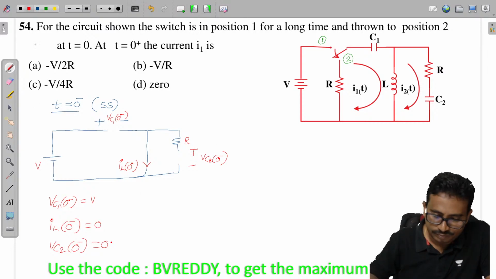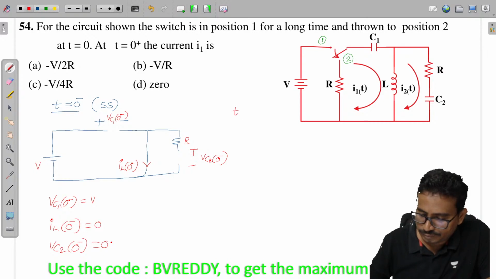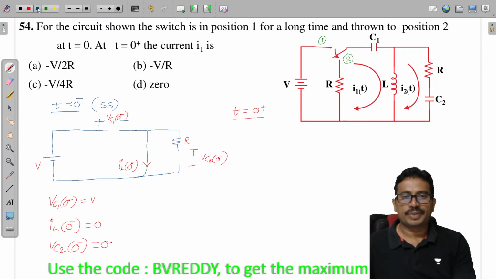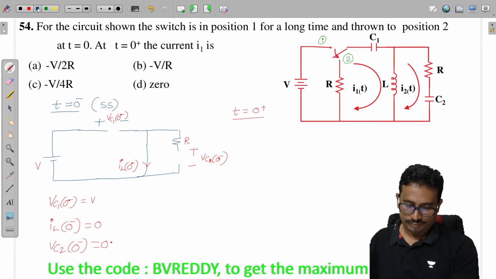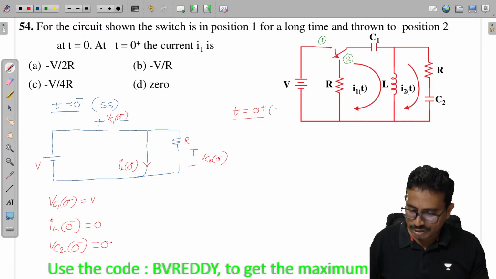Now, let's focus on t is equal to 0 plus, which is a transient state.